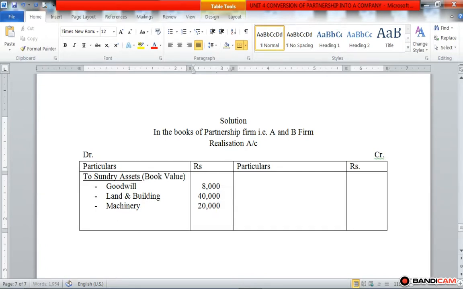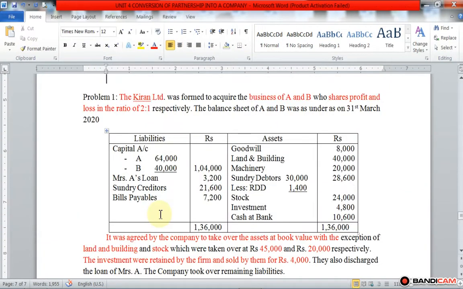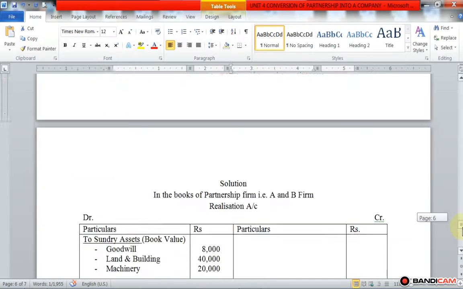Then the next asset is sundry debtors. The book value of sundry debtors is rupees 30,000. Because the RDD is deducted from the book value to get net sundry debtors, but here we transfer the assets at book value, so sundry debtors is transferred at book value amounted to rupees 30,000.